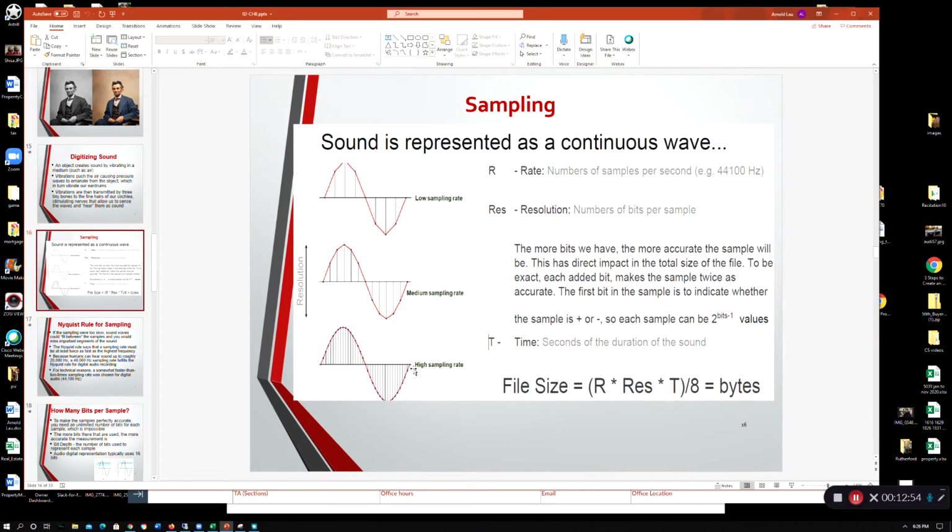Now, the resolution here means like how many bits per sample, right? So you're going like this. This is like up and down here, and what is that value, right?